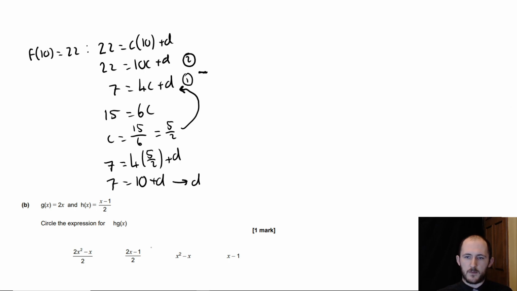So then d is equal to minus 3. If you want me to do that in more detail, 4 times 5 over 2, you just multiply the top numbers. So you get 20 over 2, which is of course 10.